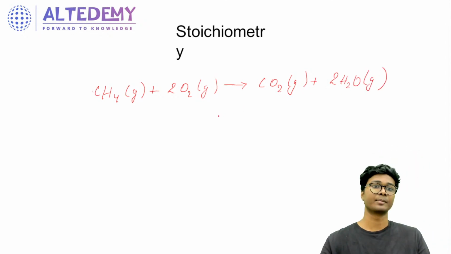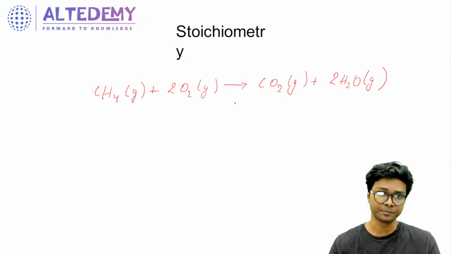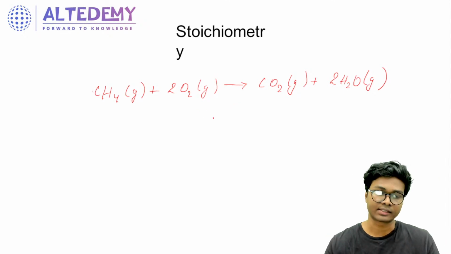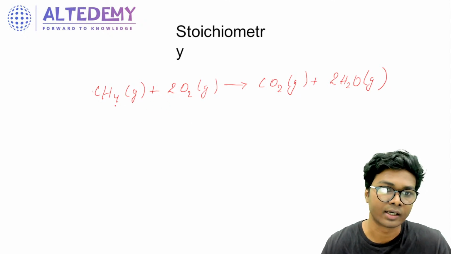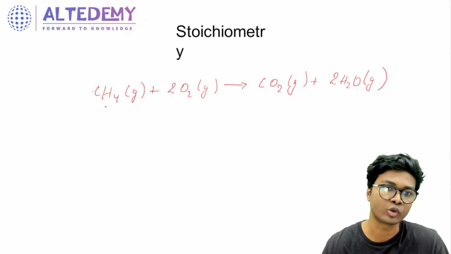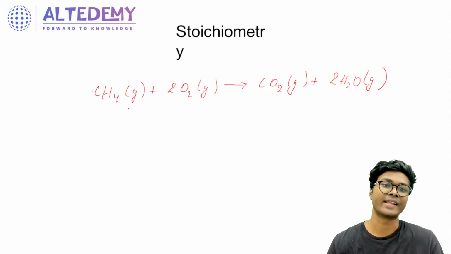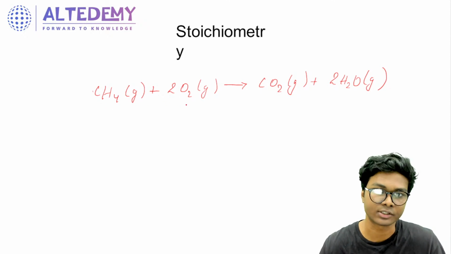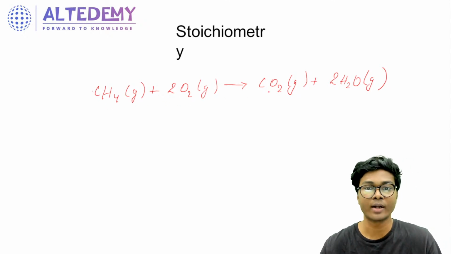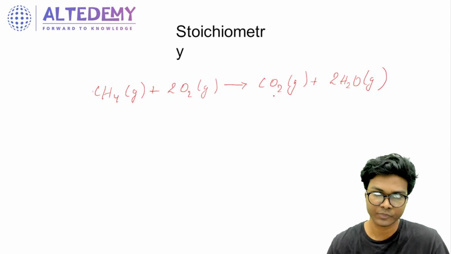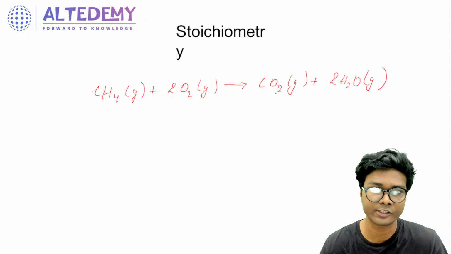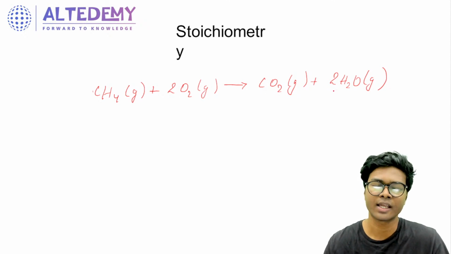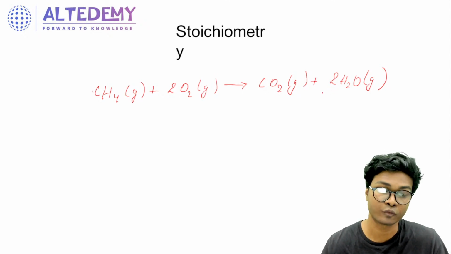This is the balanced chemical equation, and in this equation, what we mean is there is 1 mole of methane that reacts with 2 moles of oxygen to give 1 mole of carbon dioxide and 2 moles of H2O, 2 moles of water.